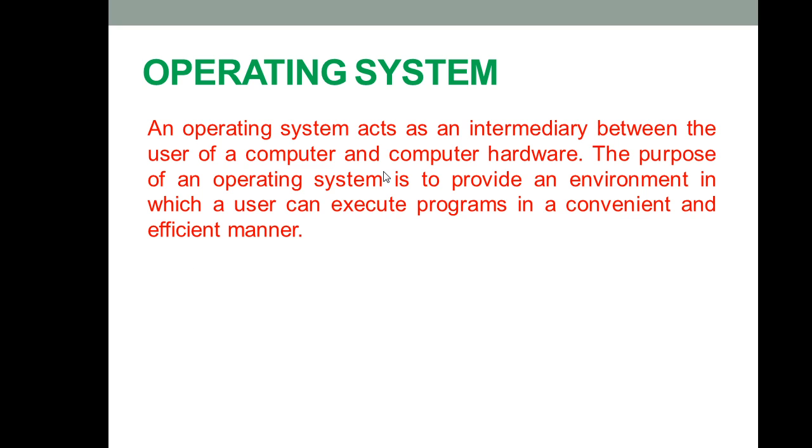So we can also say an operating system is software. It is a kind of system software, because there are basically two types of software: application software and system software. Application software is the type of software which we install according to our need. If I want to play a game, I install that software.